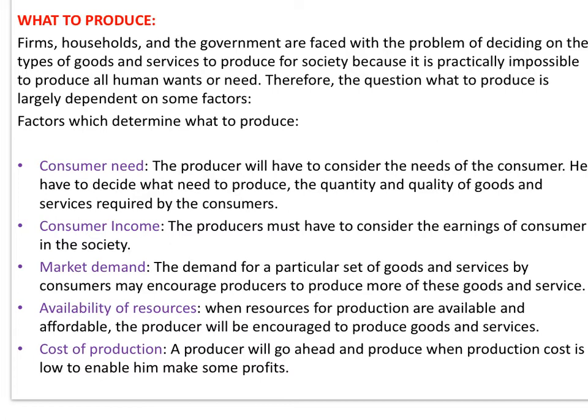A producer will go ahead and produce when production cost is low to enable him make some profits, because there will be no need for him to produce at a loss. So he has to make sure that the cost of production for a particular good or service is low to enable him make some profits.